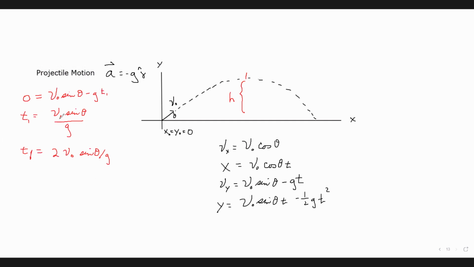Well, I know the time that it takes to get to here, so I can plug that into this equation. Y at this point is equal to h. That's equal to v0 sine theta times t, but t is v0 sine theta over g. So that's the height.